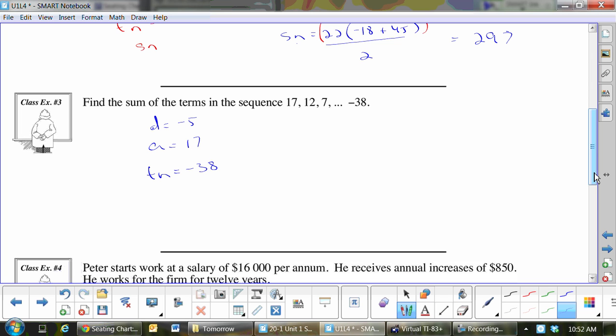Do we need it for both formulas? Okay, so we're not just going to be able to pick a formula for that one, right? We need n and we need Sn. We need two things. Now, when you need two things, that's not good. Do we have a way to find n? How?